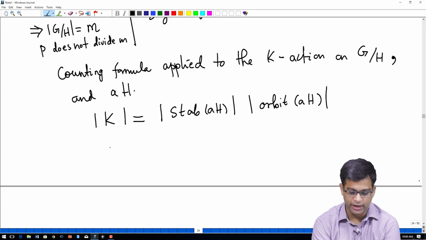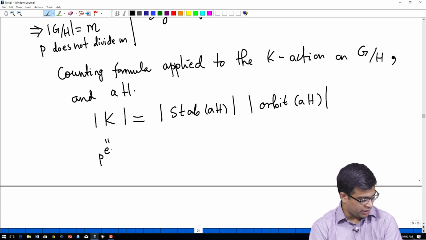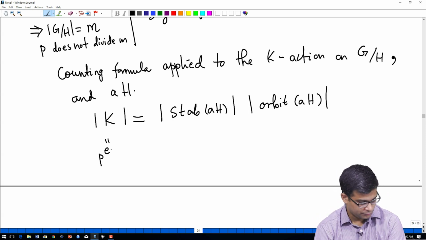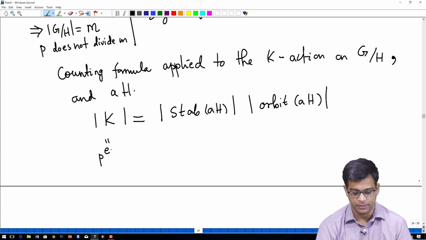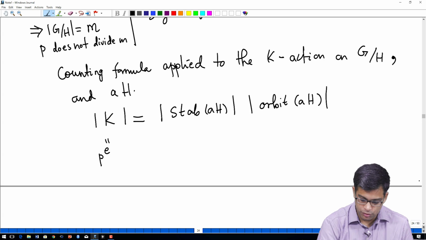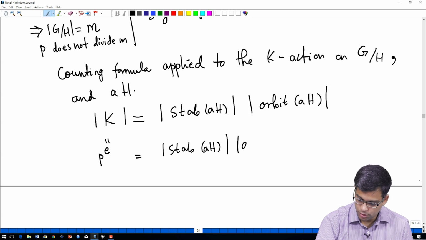Again, what is the order of K? The order of K is p^e. That is because K is a Sylow p-subgroup, so it must have order p^e. So, this is equal to the order of the stabilizer of aH times the order of the orbit of aH.